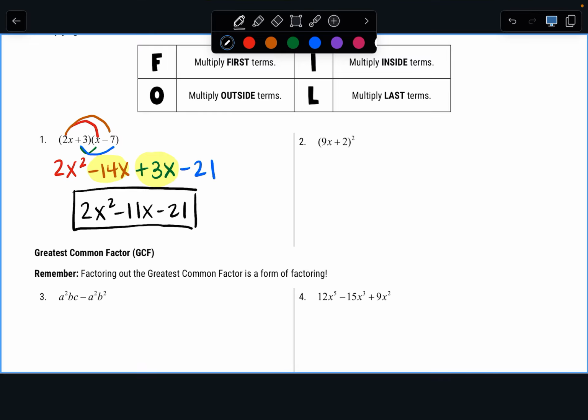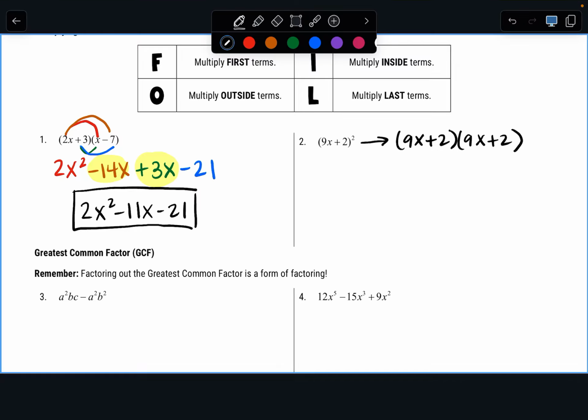Anytime you have a binomial, so 2 terms and there's an exponent, that means that that binomial is getting multiplied that many times. So when you see this, you need to be thinking of the fact that the binomial is being repeated. If I only went in and distributed the squared to the 9x and to the 2, I would miss my middle term entirely, so it wouldn't be correct.